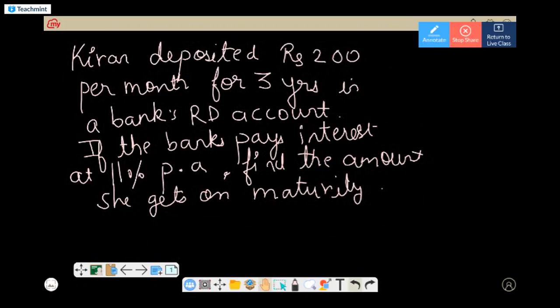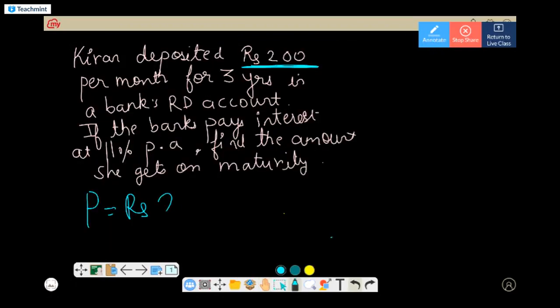Okay. So now the money, this is your principal amount. P is rupees 200. What is the time in this case? Time is 3 years. Convert that into months because this is done for monthly deposit. Per month, she is depositing 200. She's doing this for 3 years. So 3 years is how many months? 36 months.